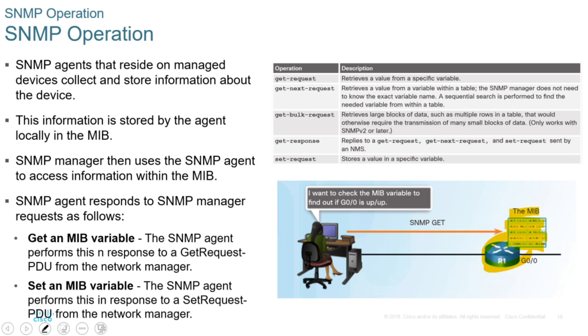Then the SNMP manager can access that MIB using the SNMP agent, and they can either get the MIB information, or they can set an MIB variable. So in a way, updating the configuration on a device.